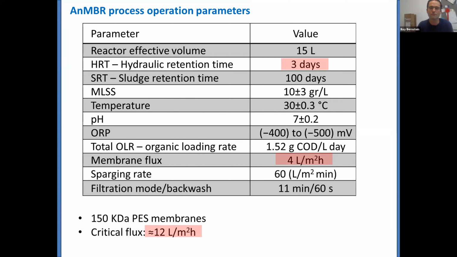The flux through the membrane was again relatively low. If we consider critical flux as the maximum flux that we can operate before we foul the membrane heavily, then we use a third of that, in order to maintain relatively low fouling. And we also applied sparging again in order to minimize fouling.